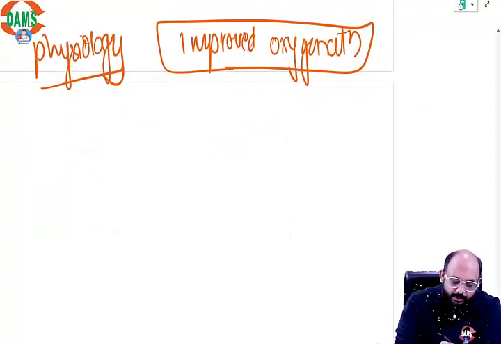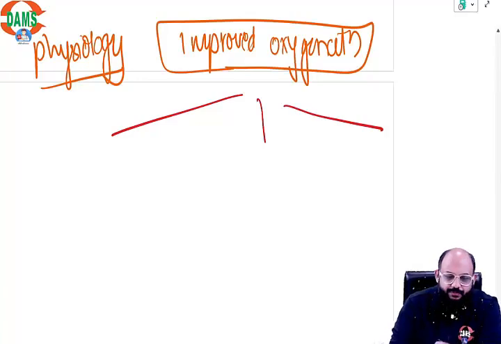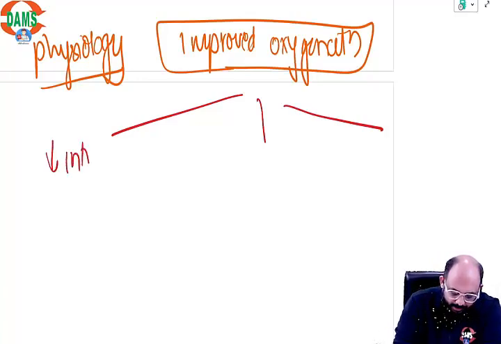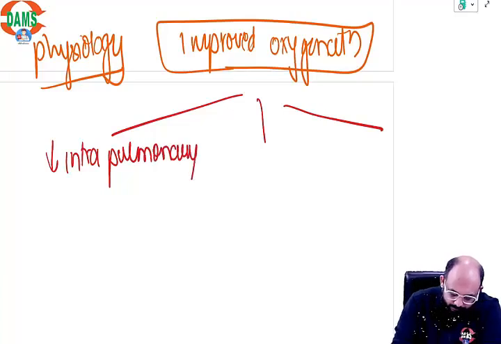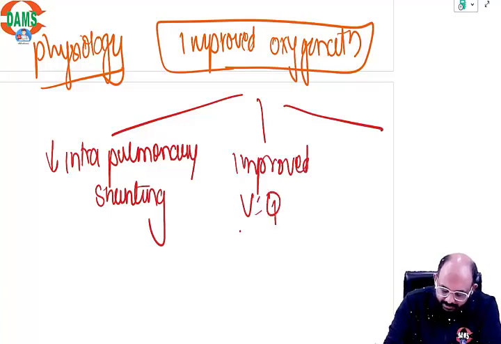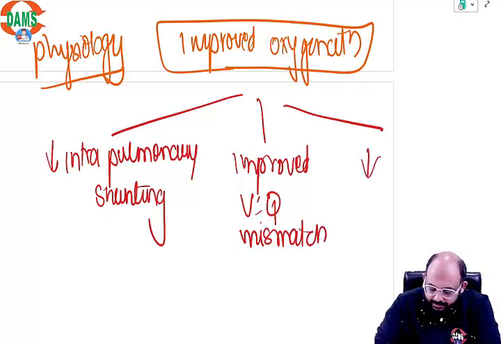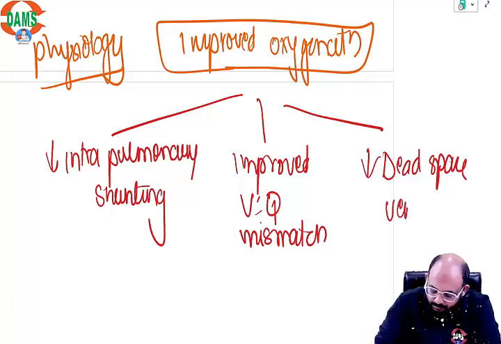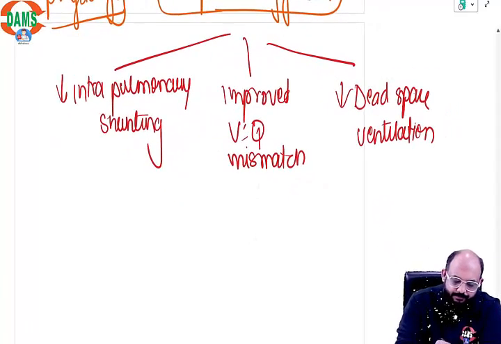Physiology. So there are 3 ways in which it improves the physiology: decreased intrapulmonary shunting, improved VQ mismatch, and decreased dead space ventilation.